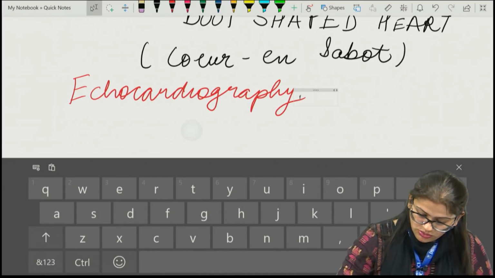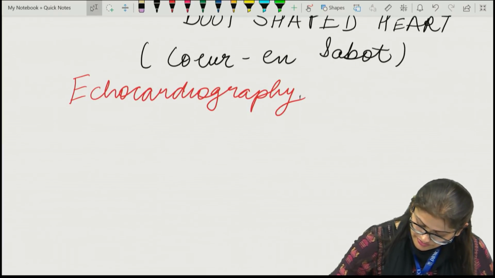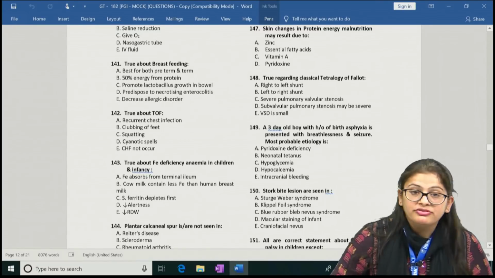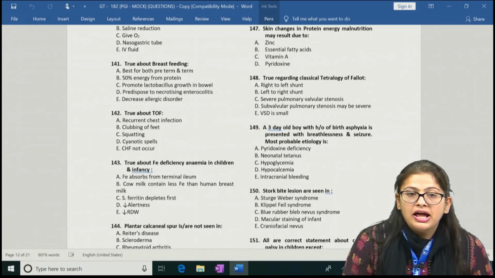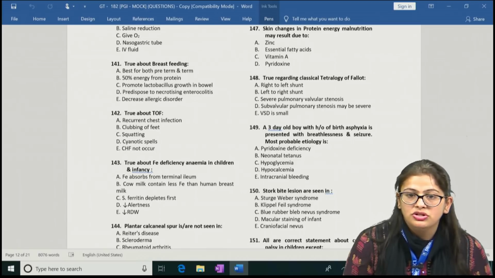So now we come on to question number 143. Question number 143 is, true about iron deficiency anemia in children and infancy is: iron absorbs from terminal ileum, cow milk contains less iron than human breast milk, serum ferritin depletes first, decreased alertness, and decreased red cell distribution width.